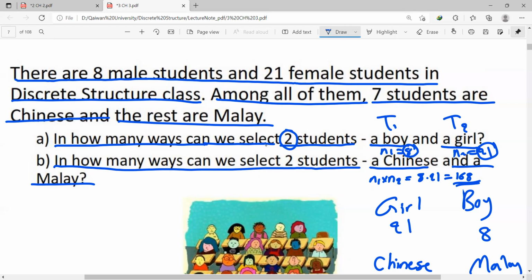In the class, we have 8 boys and 21 girls. If we select just one student, with no successive choices, we use the addition principle. But if we choose 2 students, or 3 students, in this case we use the multiplication principle.